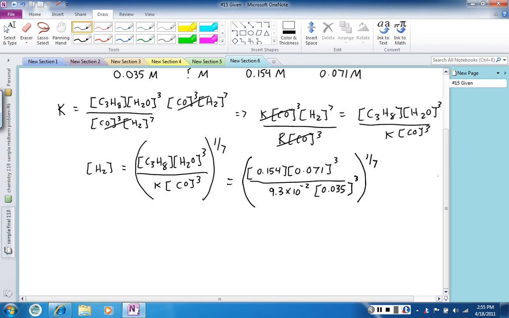Now, it's tricky to get this on your calculators because you have to use the non-graphing versions. So what I often do is take this operation, 0.071 cubed, do that and write the big number that it will become. And same down here, you would take 0.035 cubed, write that number down, and then multiply those numbers.